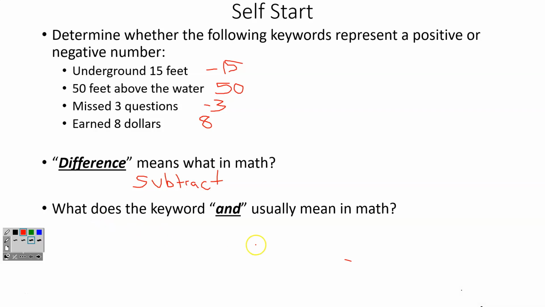And what does the keyword "and" usually mean in math? The word "and" typically means to add. So hopefully you're okay with those, because here in a moment you'll definitely want to pay attention.